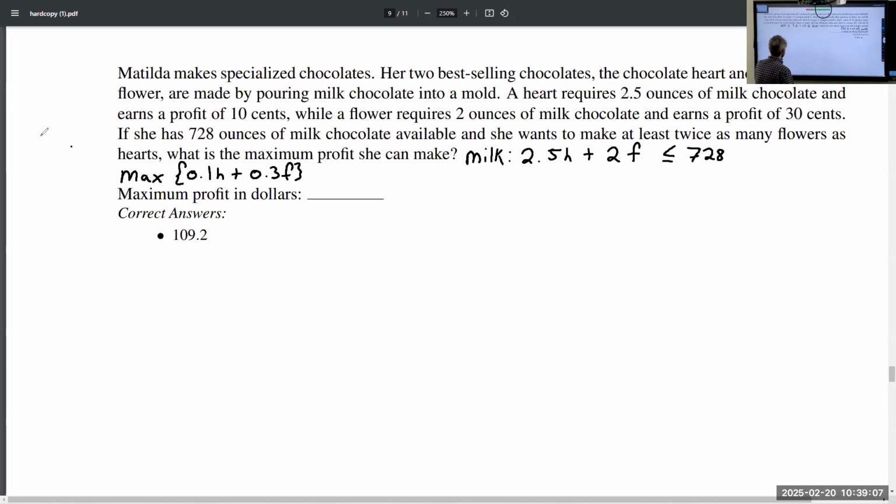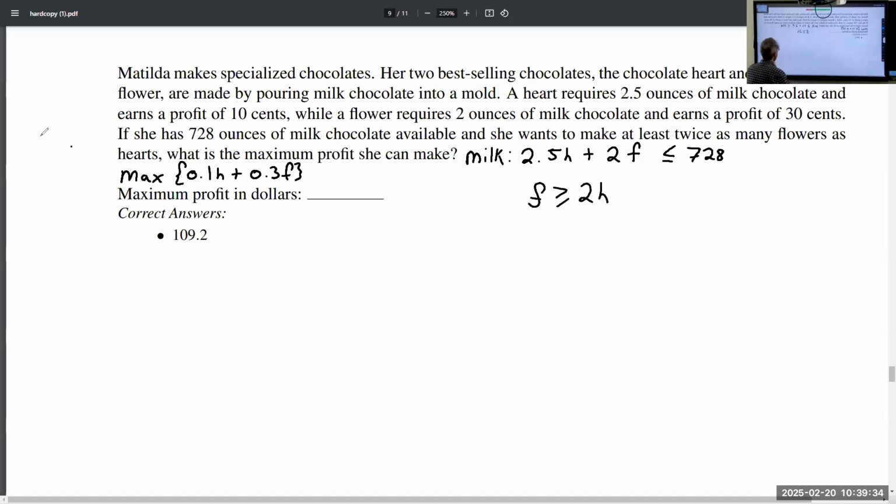Okay, so we have our milk equation, but then they give me this riddle or this relationship. It says she wants to make at least twice as many flowers as Hearts. We want more flowers than Hearts, at least twice as many flowers. So we have Flower is greater than or equal to 2 times Heart.